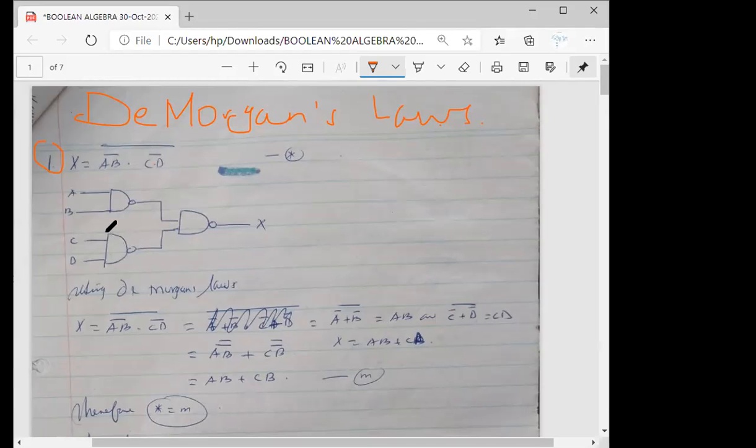So this gate here, remember this is straight. If it was an AND gate, it could have looked something like this. But now this is not an OR gate, it is an AND gate. So this is the AND gate that we have here, and with this straight line, it's defined CD. Again, it's negated here.